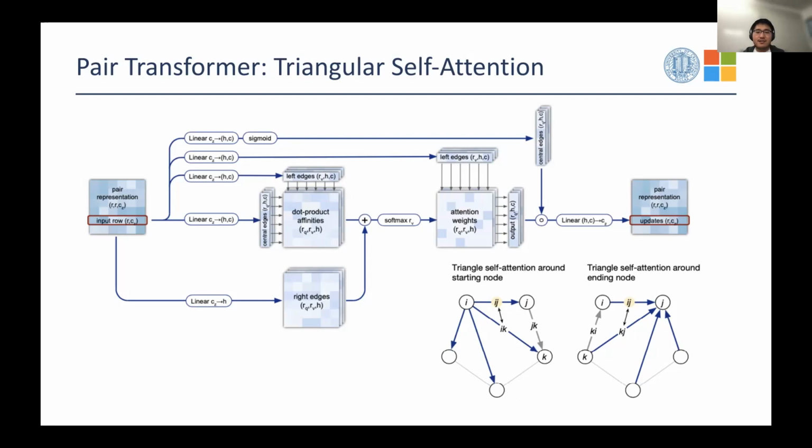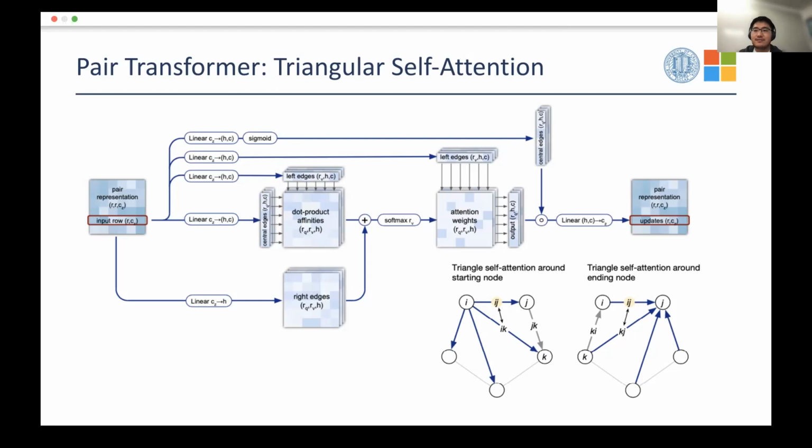In terms of the calculation here, the triangular self-attention is doing something similar to the previous row-wise gated attention in the MSA part. And that will also be a similar structure on the ending node.